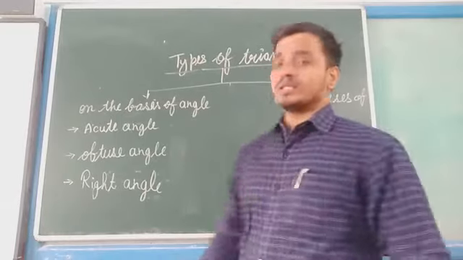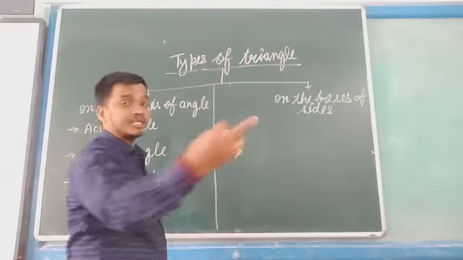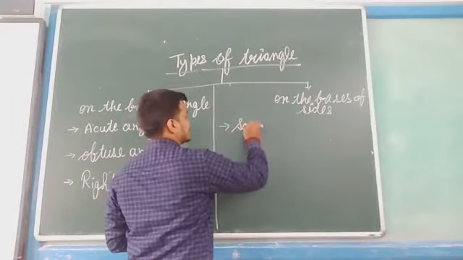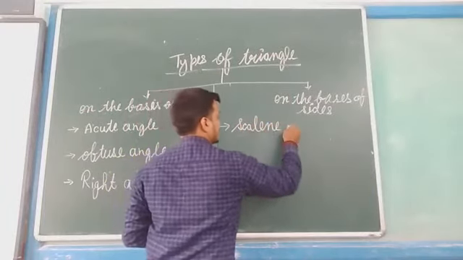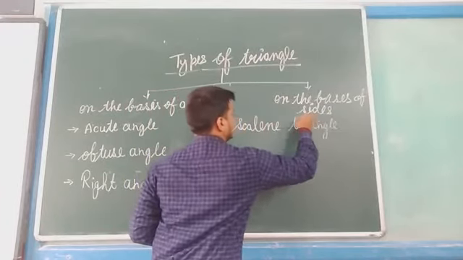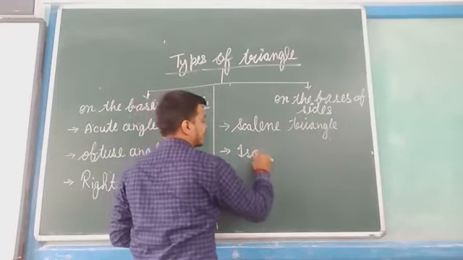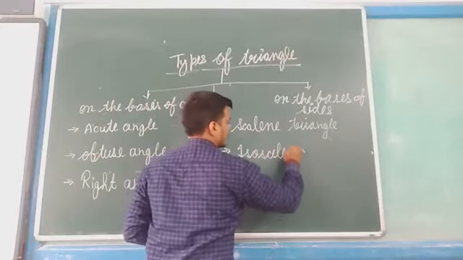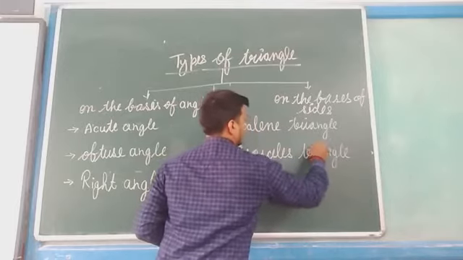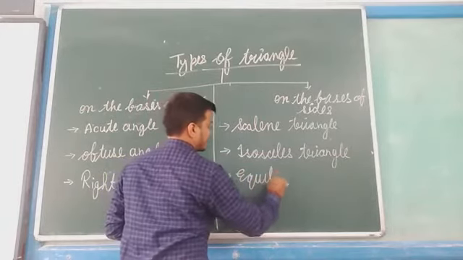Now finally, on the basis of sides. On the basis of sides there are again three types of triangles. The first is the scalene triangle, the second is the isosceles triangle, and the third one is the equilateral triangle.